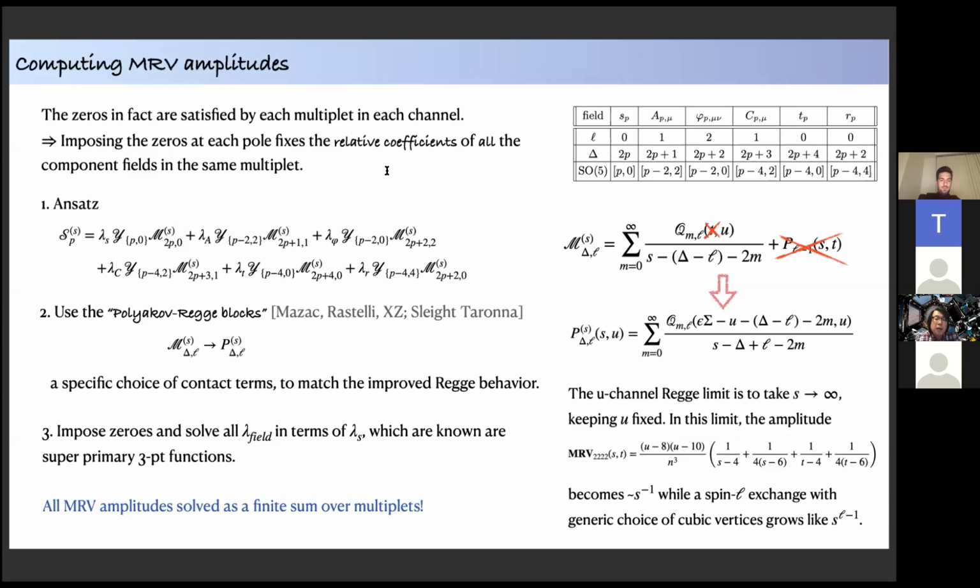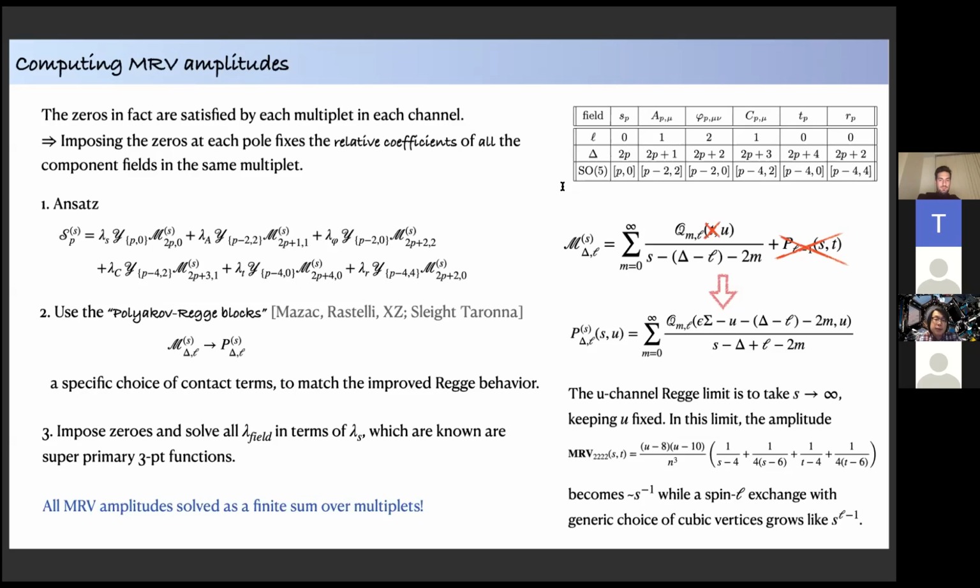So now we have understood why we have these two interesting features, and we can actually put them to good use. These zeros are highly non-trivial at the level of individual diagrams, and we can use that to fix the contributions from the multiplet. It turns out that by imposing these zeros, we can fix all the relative coefficients of the component fields in the same multiplet.